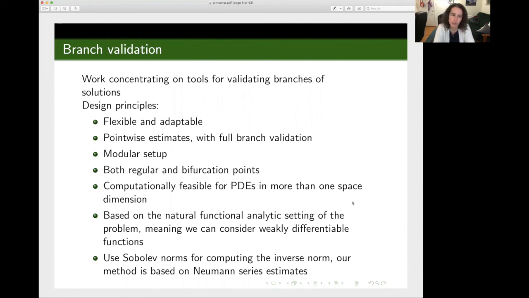So our approach is going to be to find a series of boxes that cover the entire branch, and we can say something about the branch being unique inside those boxes, but that is done with a series of point-wise estimates.